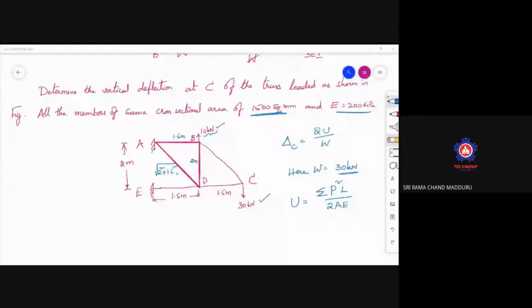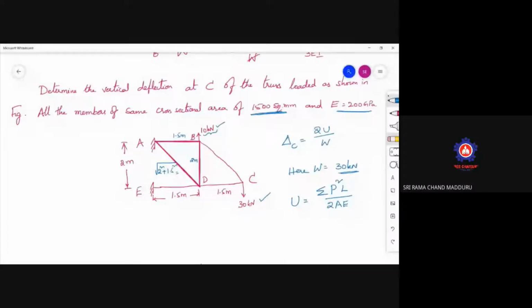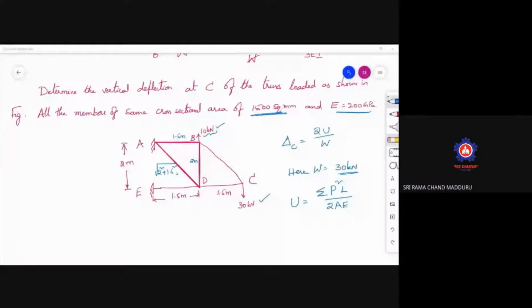Can anyone of you tell me the value? Square root of 2 squared plus 1.5 squared. 2.5, sir. So this distance is 2.5 meters.